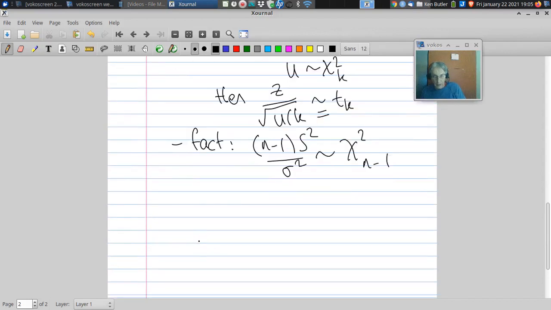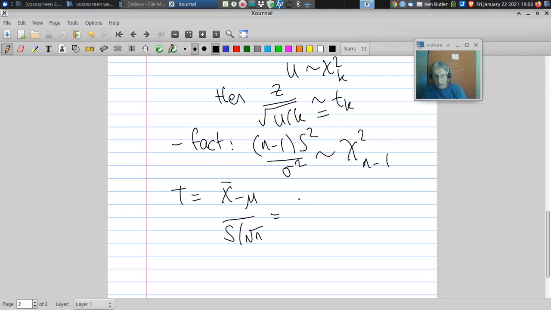Okay, so we'll write down what T is: X bar minus mu over S over root n. I have to keep remembering to call that capital S because that's a random variable. Now, if we had a sigma down here, we would know what to do.